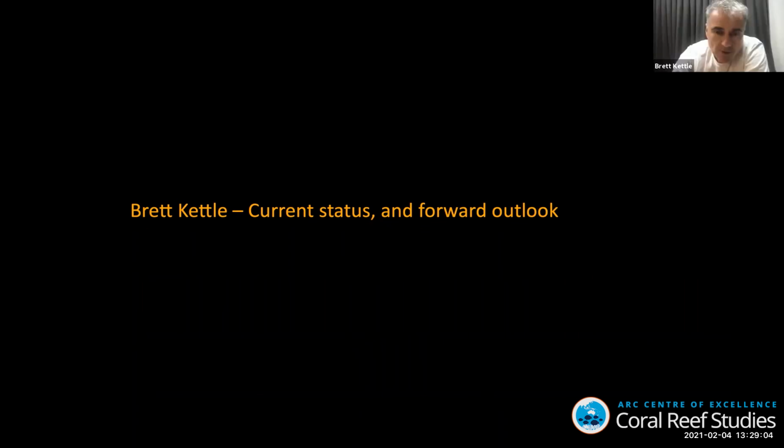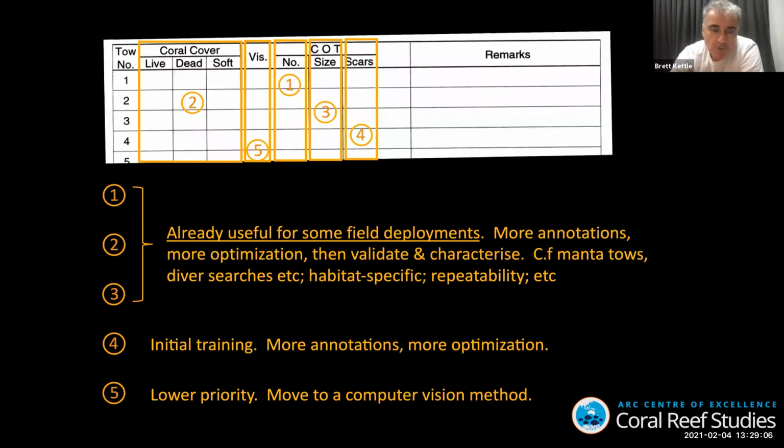So where are we at, and what are we doing going forward? With respect to the standard things collected in COTS manta towing, we already have things working usefully enough that when we go back into the field, some of these will be embedded. Every one of them needs more annotations, in particular to deal with generalization from one environment to another, one type of reef to another.